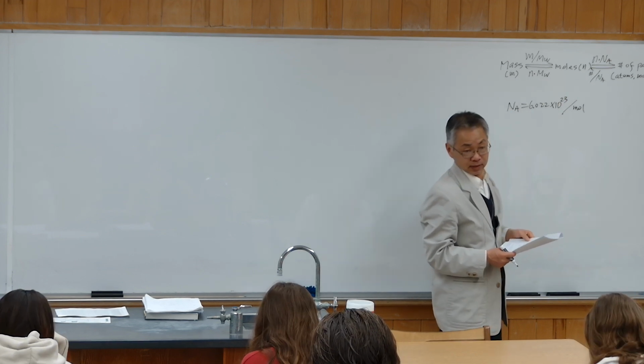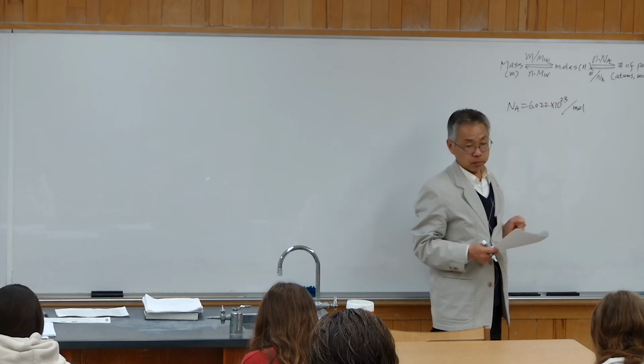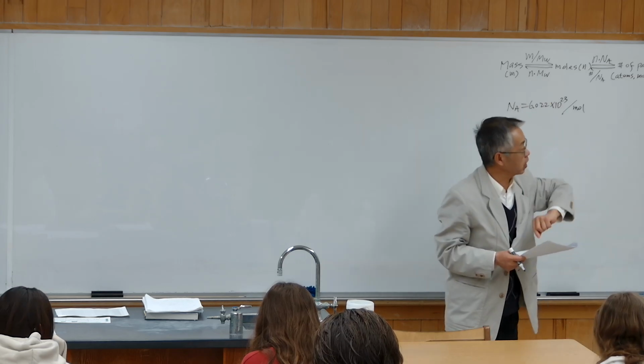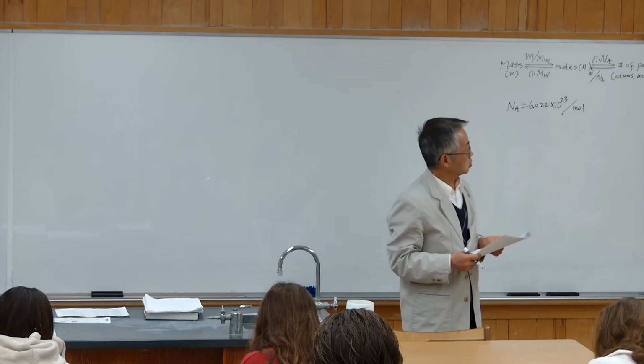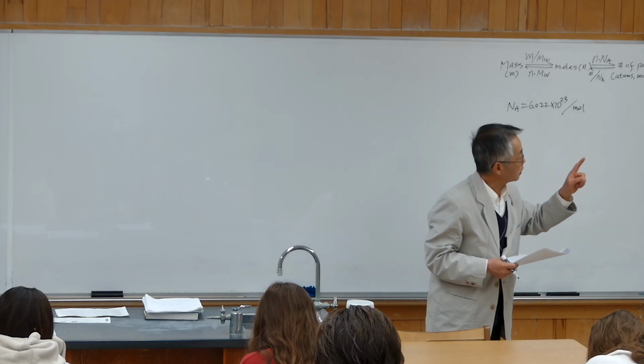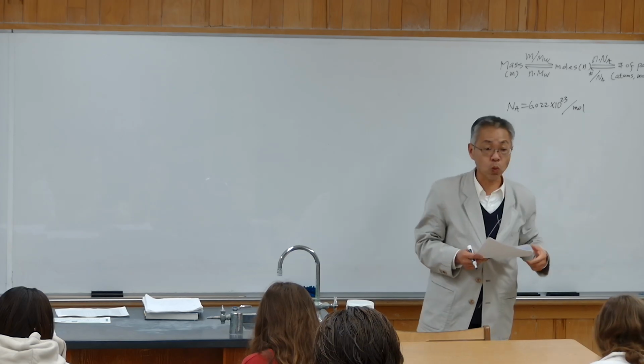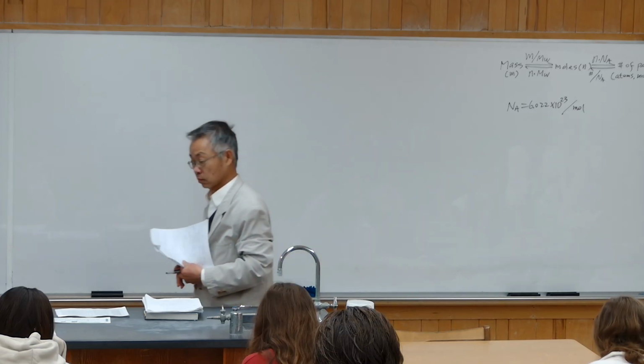So mass is moles multiplied by molar mass. What is the molar mass of gold? You need to use the periodic table. For gold, 196.967. You can simply use 197.